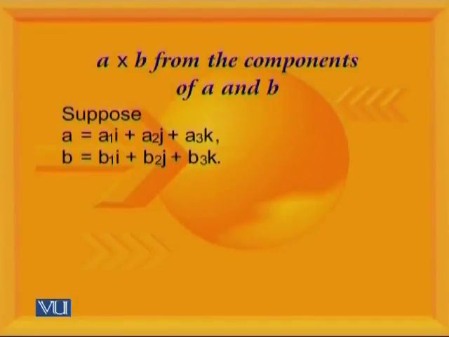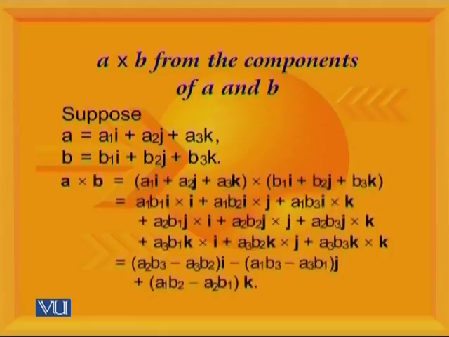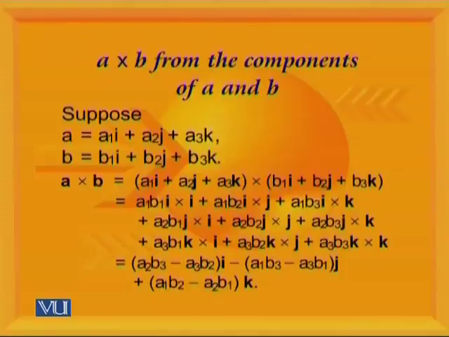A is a vector equal to a1 i plus a2 j plus a3 k, and B is a vector equal to b1 i plus b2 j plus b3 k. So A cross B, you will find this product, and this is a heavy calculation using those laws which we have just defined: i cross i is equal to 0, j cross j is 0, k cross k is 0, i cross j will be equal to k, or j cross i is equal to minus k.